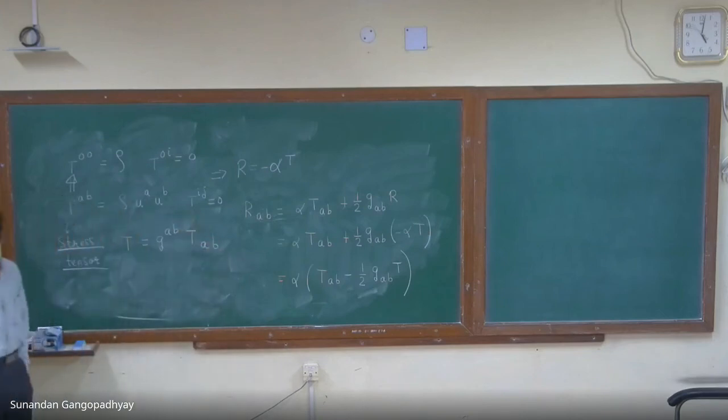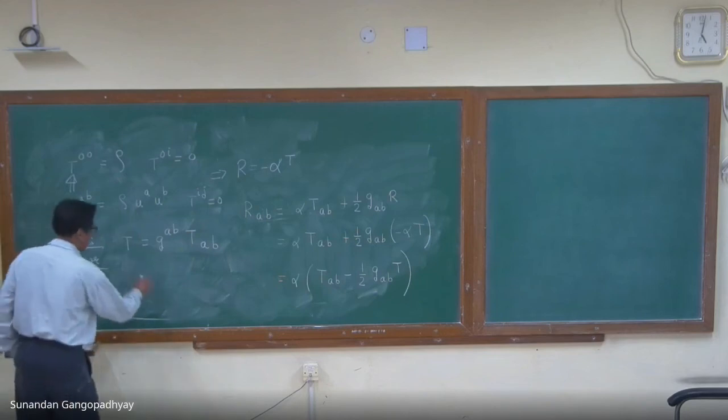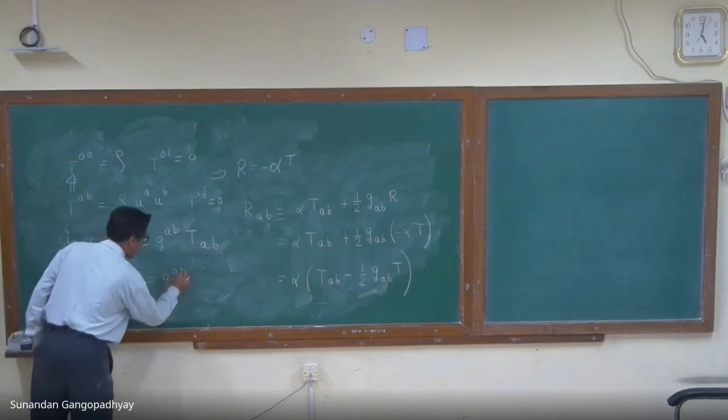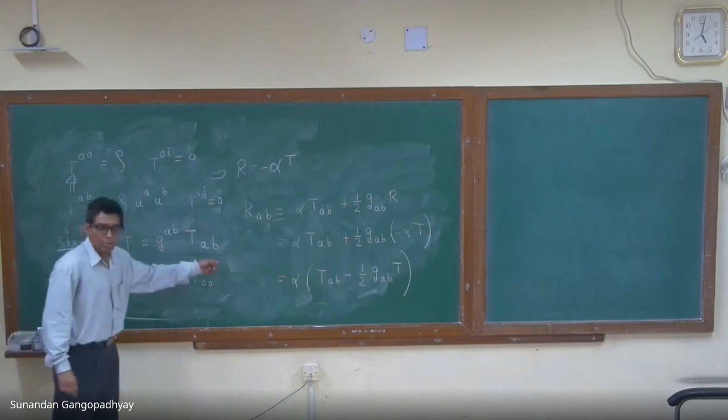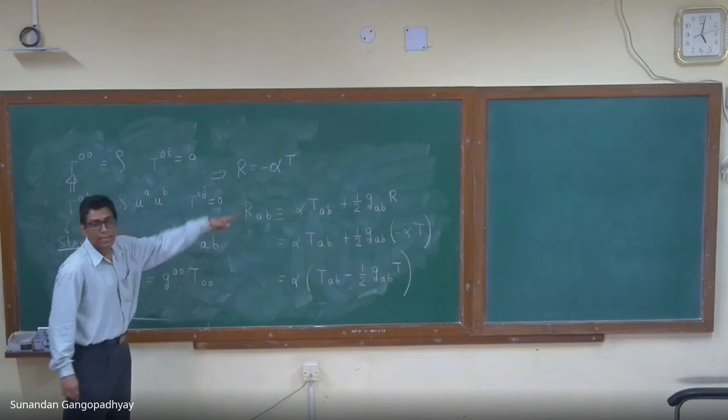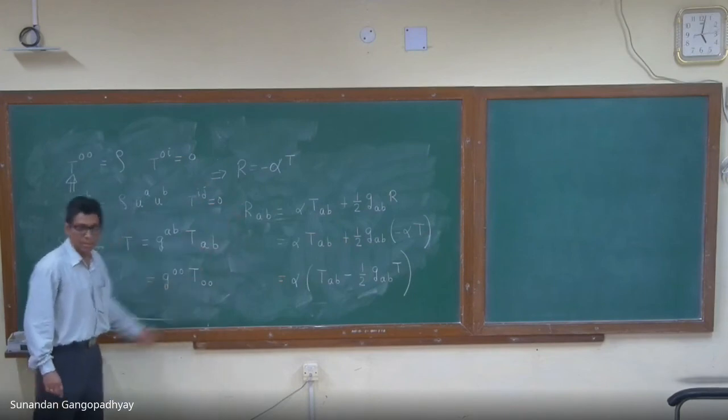If you simplify this, you will see that all other components are 0. It's simple, because this is summed over A and B, but all 0i and ij components are 0, so only the 00 component survives.